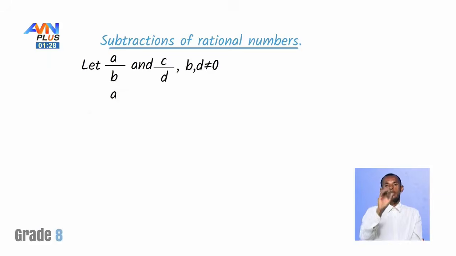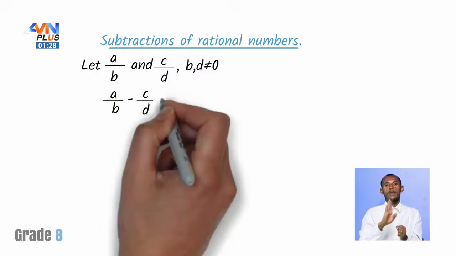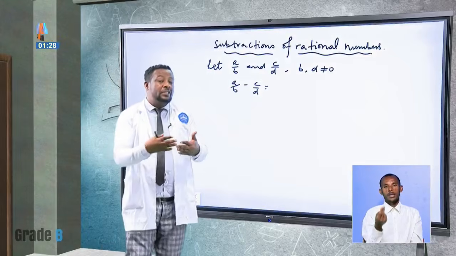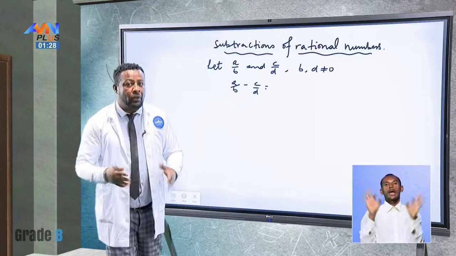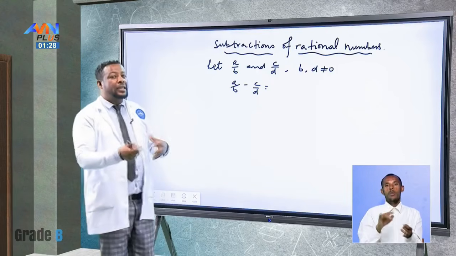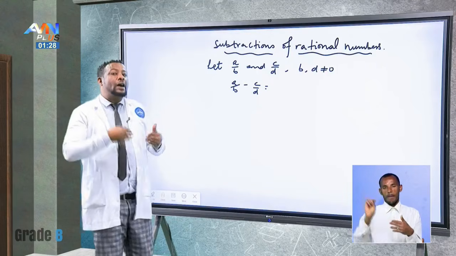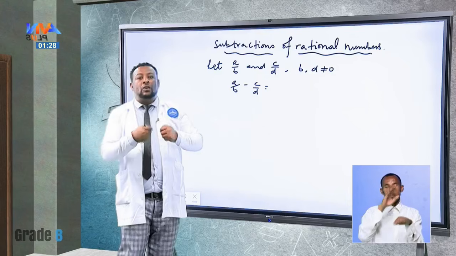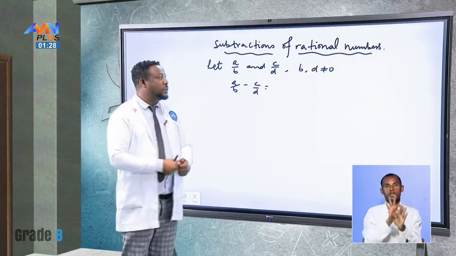A over B minus C over D can be calculated using the principle of cross product. That is one way. You can also use other ways, like taking LCM. For the time being, I'm focusing on the cross product just to save our time.